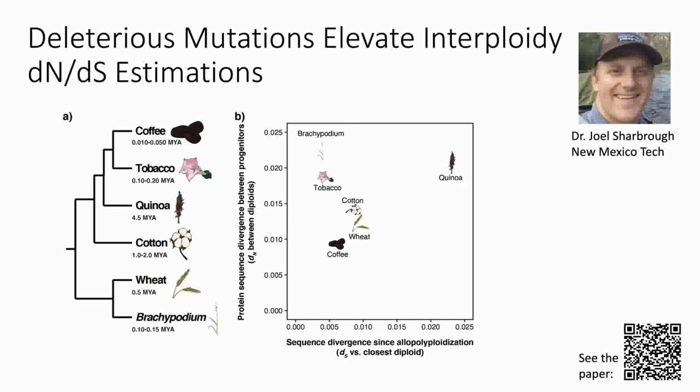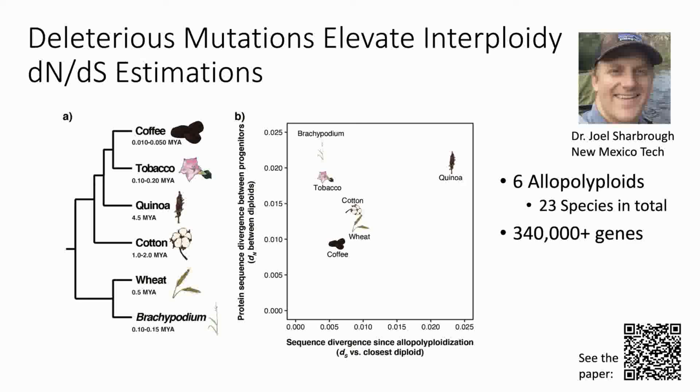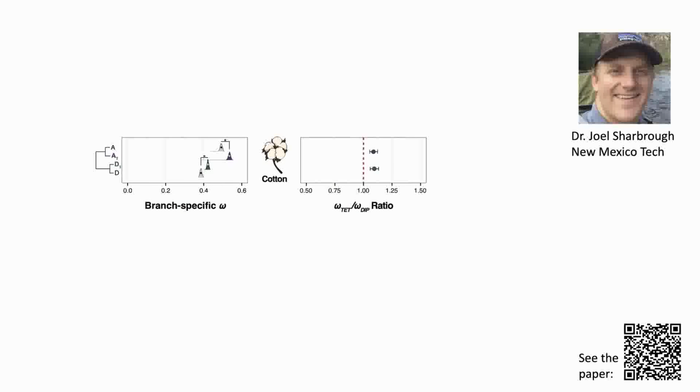And we used 6 different allopolyploid systems, including the allopolyploid, its 2 diploid progenitors, and a phylogenetic outgroup. And we analyzed over 340,000 different genes from these systems. And we used orthology based on both synteny and on phylogeny. So we had a really curated, high confidence set of orthologs we can investigate.